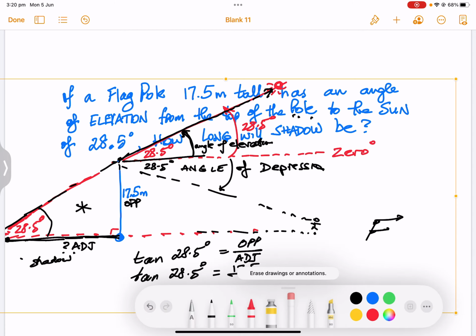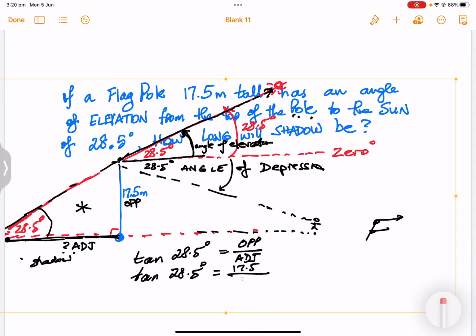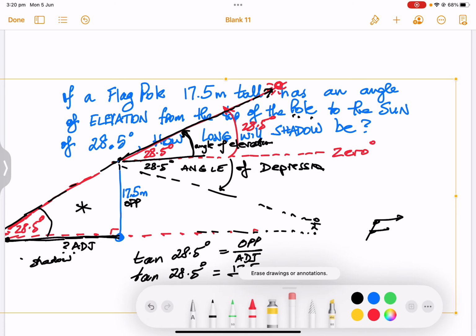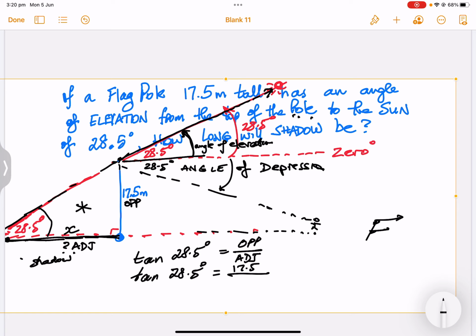Let's just call that X. Now I'm going to leave that as tan of 28.5. That's one number. Don't split that up. They stay together. I'm going to take the X to be top and take tan 28.5 to be denominator. Swap those around and we get X equals 17.5 divided by tan of 28.5 degrees.